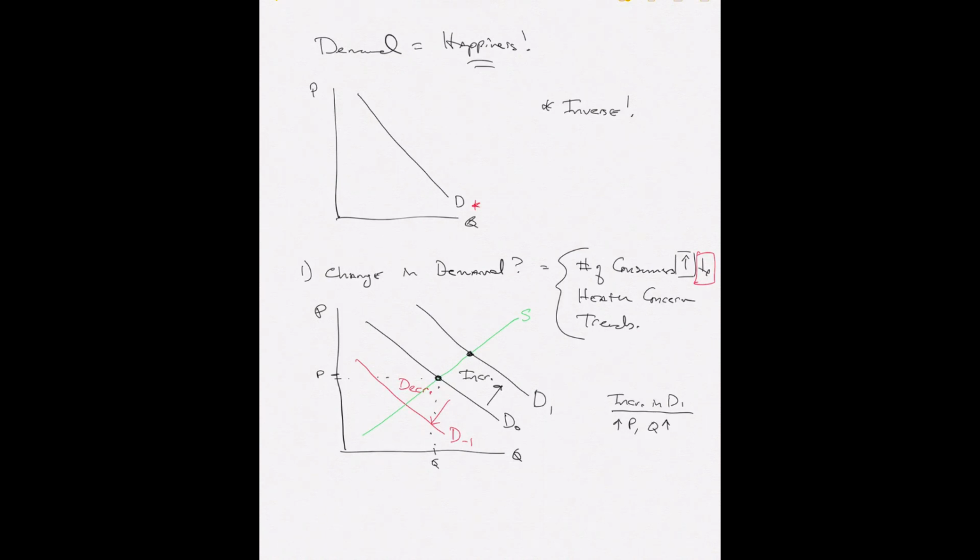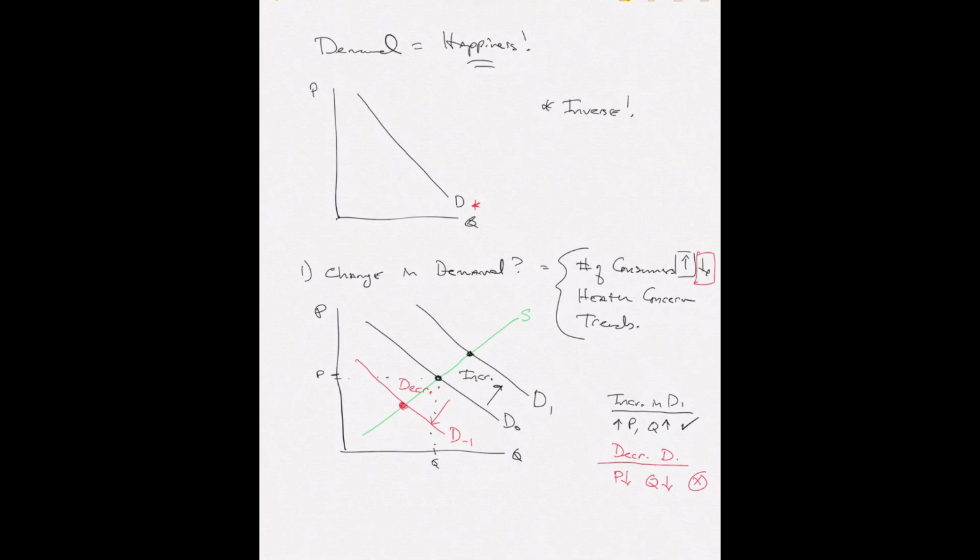However, if you have more consumers come into the marketplace, then that's going to create an equilibrium that's higher. And so when you have an increase in demand, like demand 1, you end up with a higher price and you end up with a higher quantity, which from a supply perspective, that's what producers want.